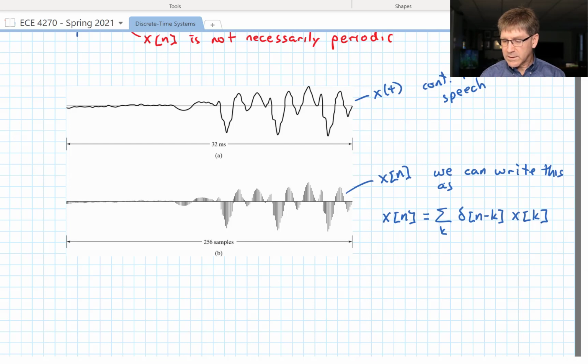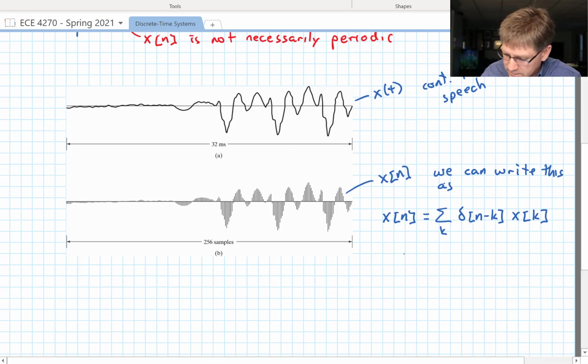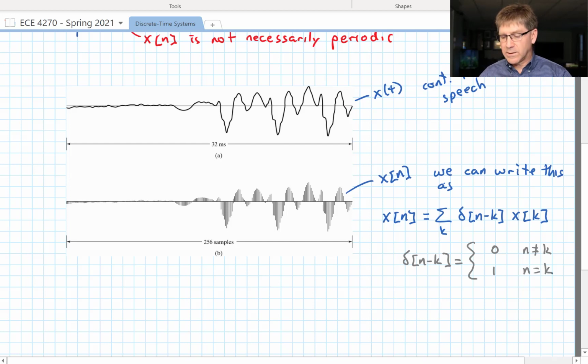Well, x of k and x of n are the same function. They're just indexed by different inputs, one by n, one by k. And the delta, we've seen that before. So what can we tell by looking at this? Well, for one, delta of n minus k is equal to 0 everywhere that n does not equal k, and it equals 1 when n is equal to k.